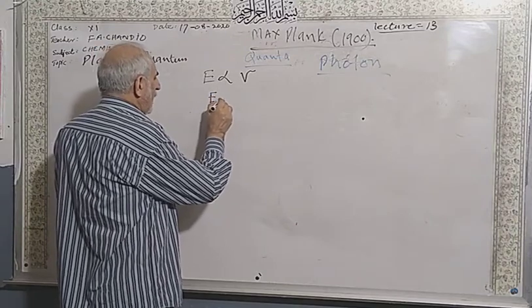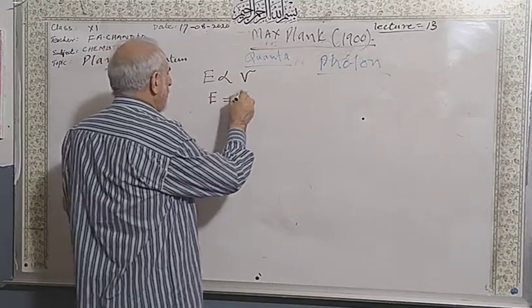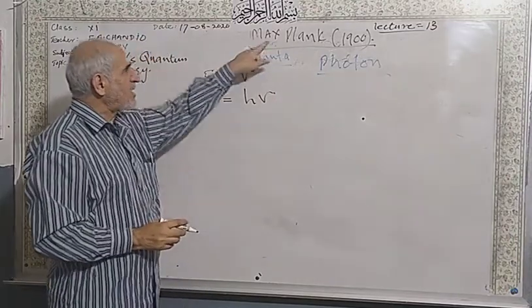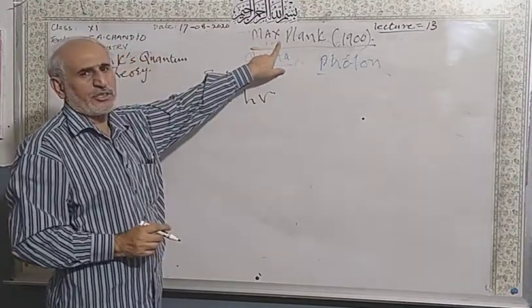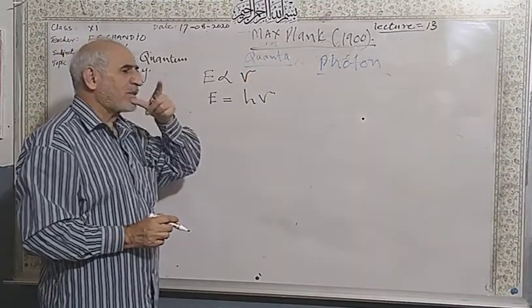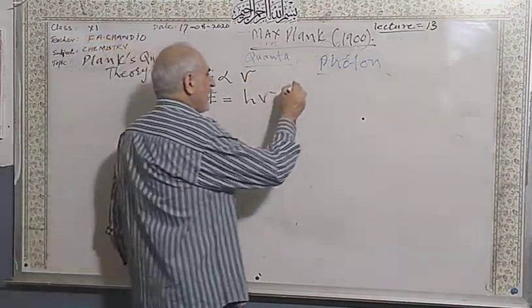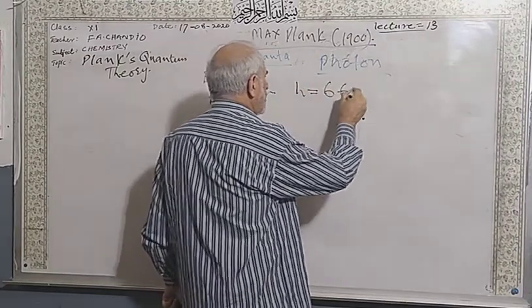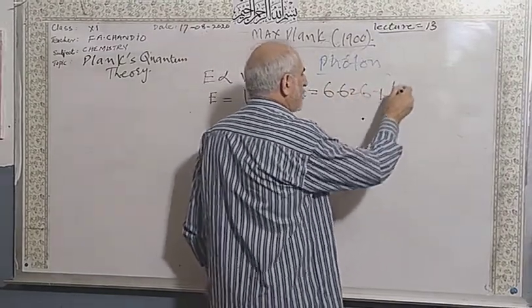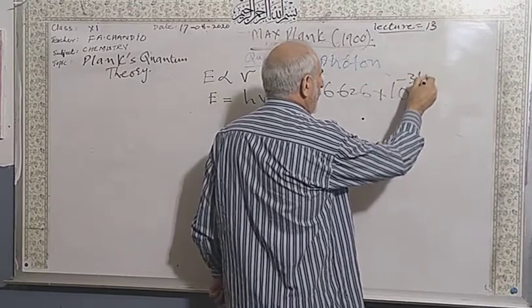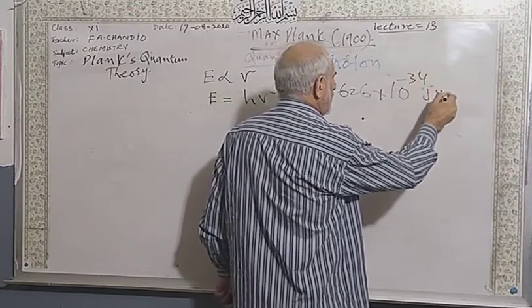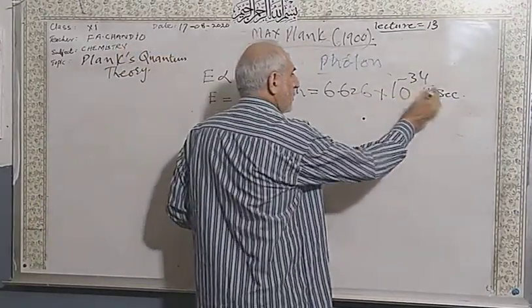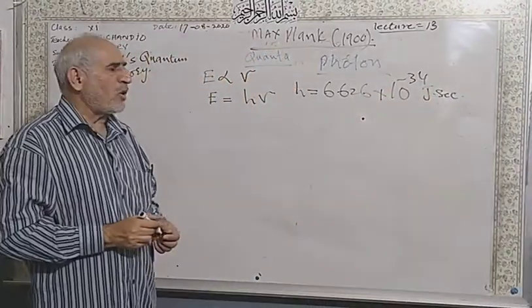That's why energy E is equal to h times frequency, where h is Planck's constant. Its value is h equal to 6.626 into 10 to the power minus 34 joule seconds.